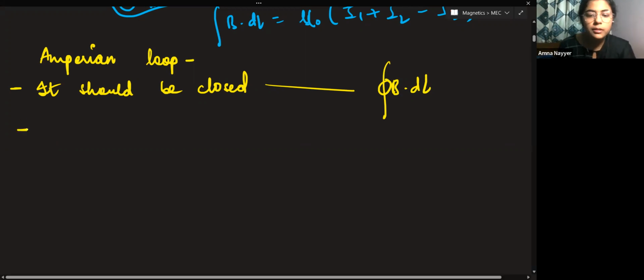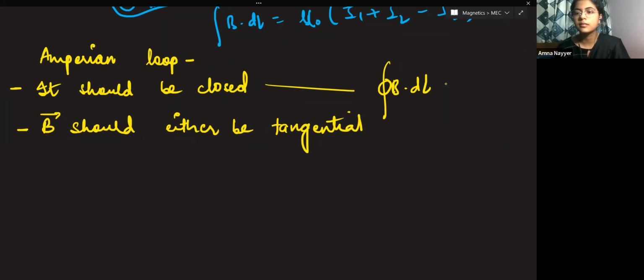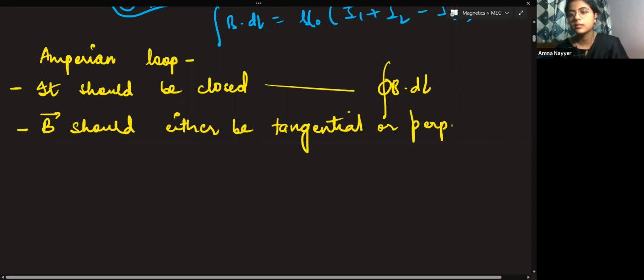Now, the magnetic field should either be tangential or perpendicular to it. I'll write it down. The magnetic field should either be tangential or perpendicular to it.